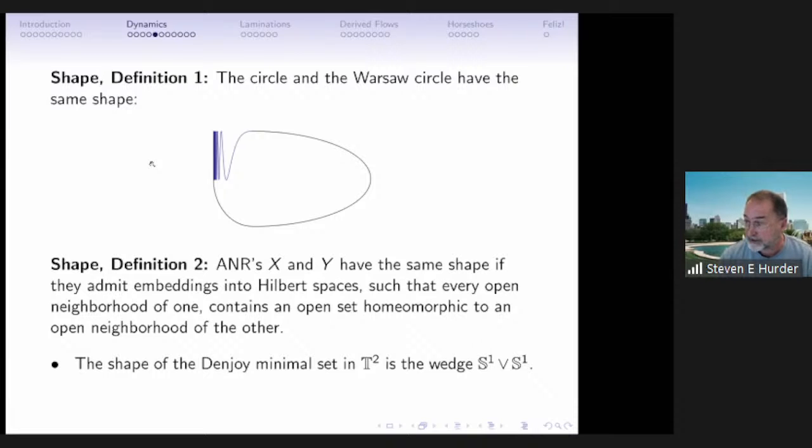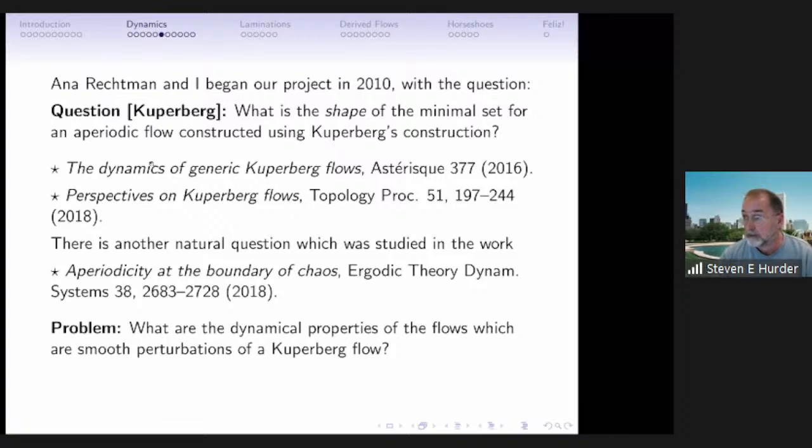Now, what happens in the case of the Kuperberg? Well, that was the problem that Christina had posed. And when Anna visited Chicago in 2010, that was the project: can we analyze the shape of the minimal set?